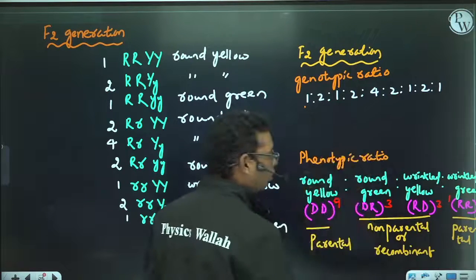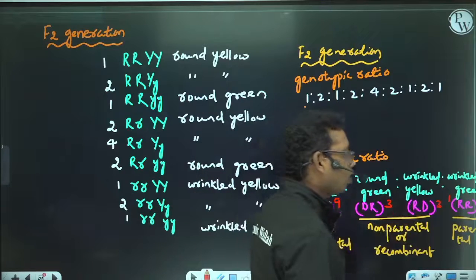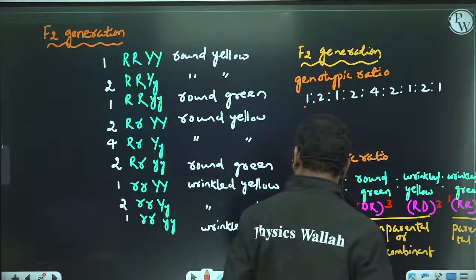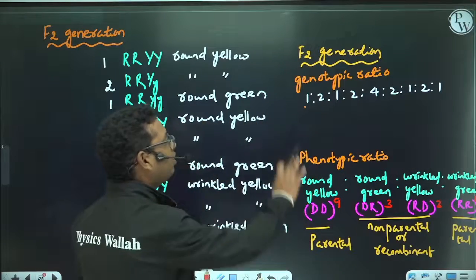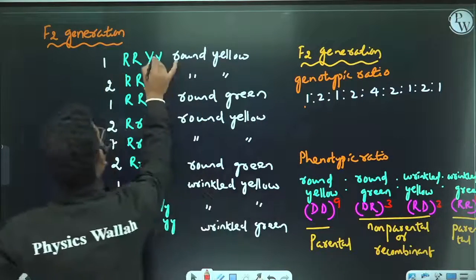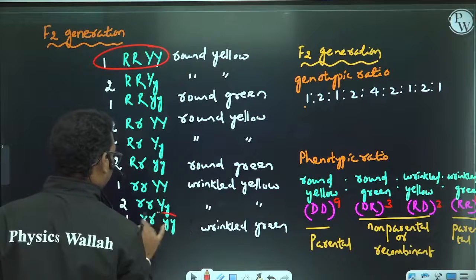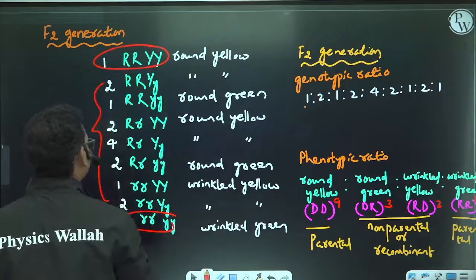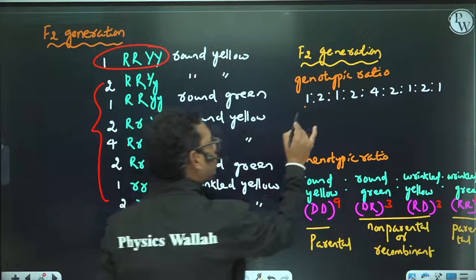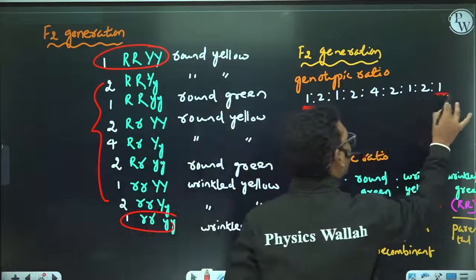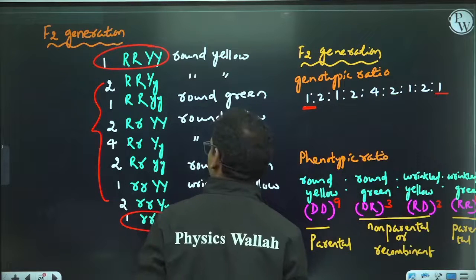So the ratio will be 9:3:3:1. This is the ratio. And in this case, this is the parental genotype, and all the remaining are the non-parental or recombinant genotype. That means this is parental, and all the remaining are the recombinant.